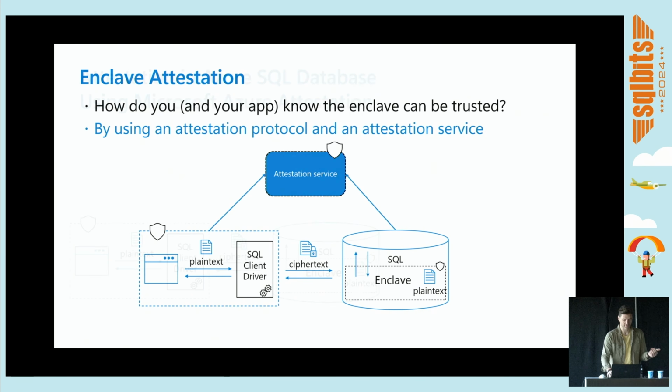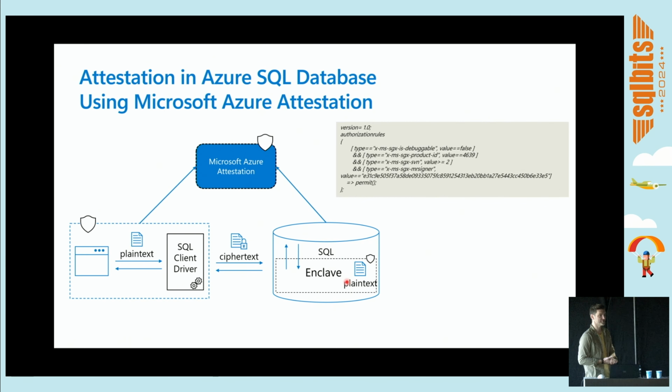In Azure, we have a service called Microsoft Azure Attestation. If you want to use Intel SGX, you will need to create a resource of Microsoft Azure Attestation, it's a SaaS service, and then configure an attestation policy. This is a screenshot of a policy. This is completely documented in our documentation, how to do that. It's fairly easy to do.